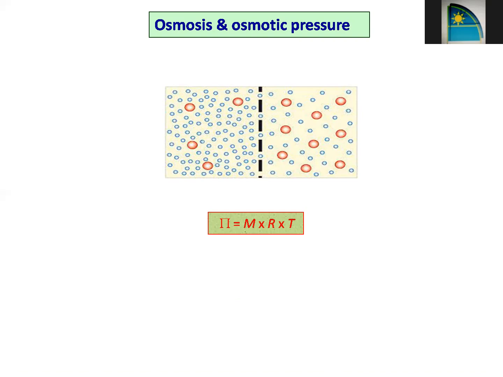We have to remember one simple thing here. Osmotic pressure is the most sensitive colligative property because it depends upon the molarity of the solution, while the other three colligative properties depend upon the molality of the solution. So this is the most sensitive property we have.